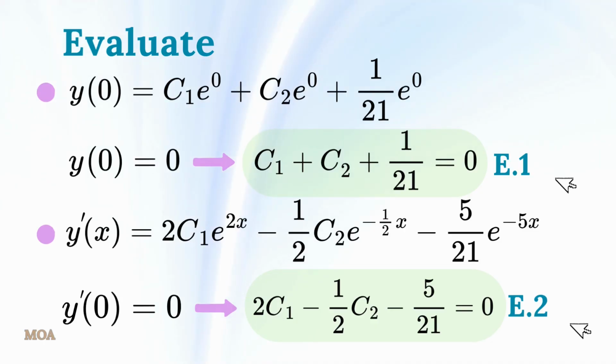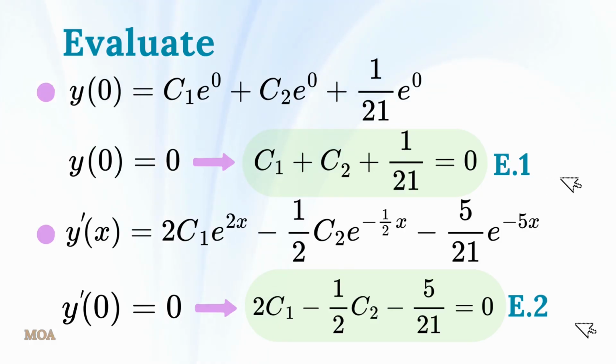Next, we differentiate the general solution to find the first derivative of y with respect to x. The derivative is 2 times C sub 1 times e raised to the power of 2x, minus 1/2 times C sub 2 times e raised to the power of negative x over 2, minus 5 over 21 times e raised to the power of minus 5x. Now substitute x equals 0 into this derivative.